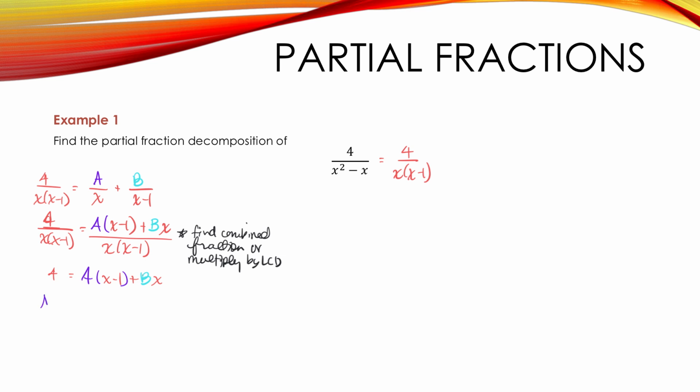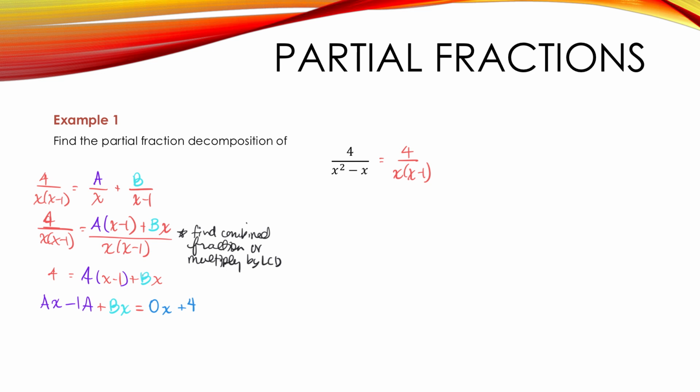So what we have left here is a times x minus 1a. We're going to add to that b times x. And you notice we have terms that are x's and terms that are constants. So on the other side, what's going to be really important to say is that we know we have 0 x's and we have a 4.